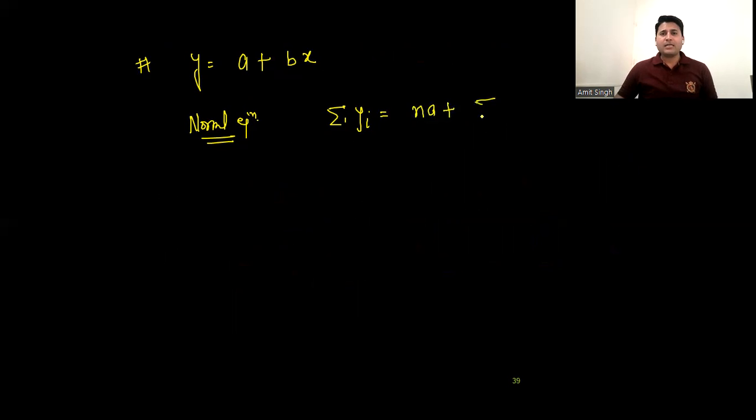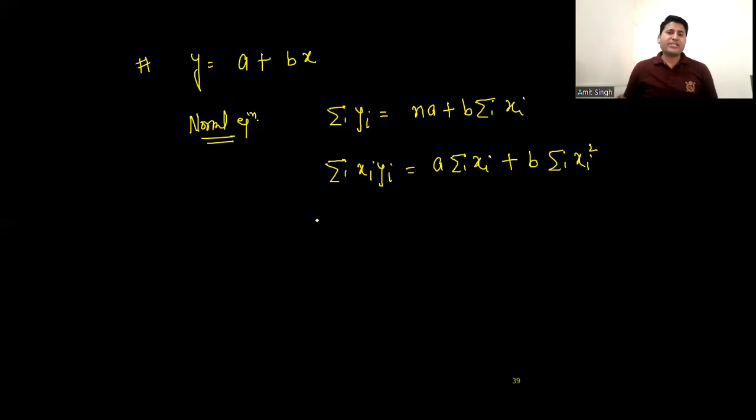In order to fit a curve of the form y equals a plus bx, the normal equations we have just obtained are: summation of yi equals n times a plus b times summation of xi; and summation of xi yi equals a times summation of xi plus b times summation of xi². These two equations are known as the normal equations.